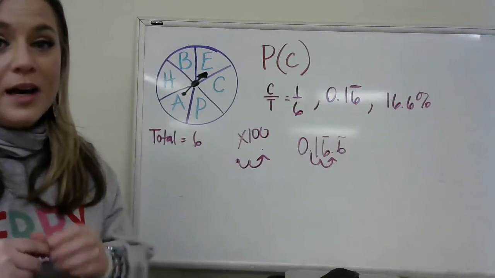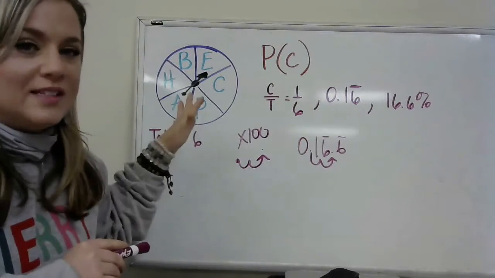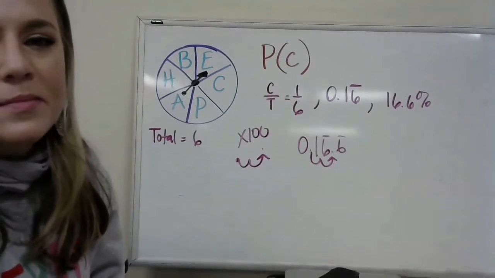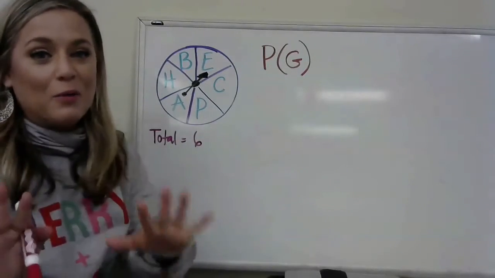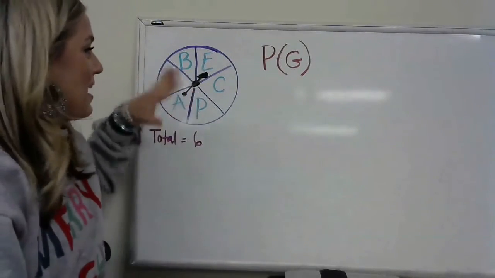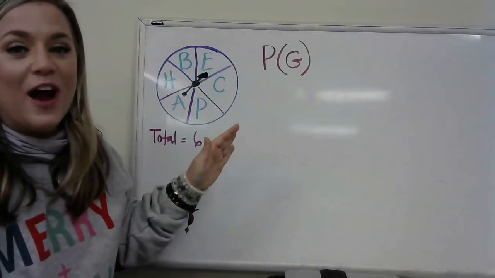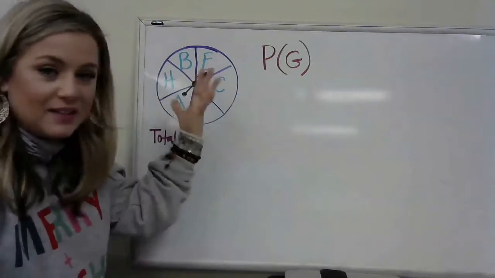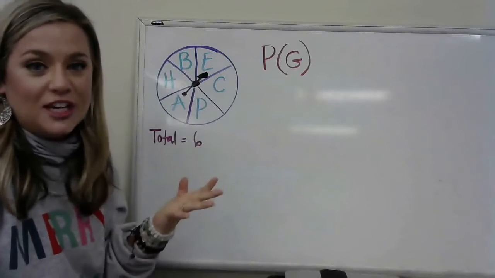Woo. All right, so I'm going to come back with another example using the exact same spinner. I'm going to go ahead and leave my total, okay? Okay, we're back, and we have the spinner still. Now they're asking us to find the probability of spinning the spinner and it landing on G, okay?